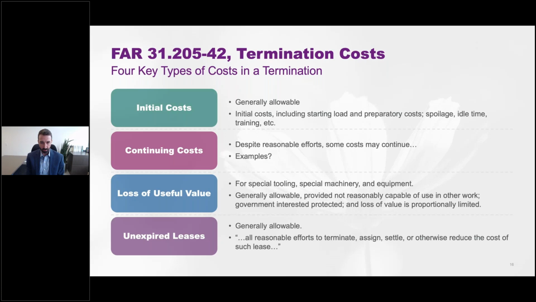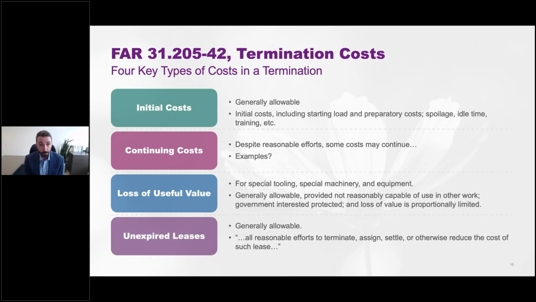These are the sort of costs at the very beginning, your startup costs, right, that you were expecting to recover in the course of performance or through your price. Those can be allowable. So can be continuing costs, costs that are continuing despite all reasonable efforts. Okay. What does that mean? Well, some of your costs, as we talked about a moment ago, you may not be able to turn off right away.